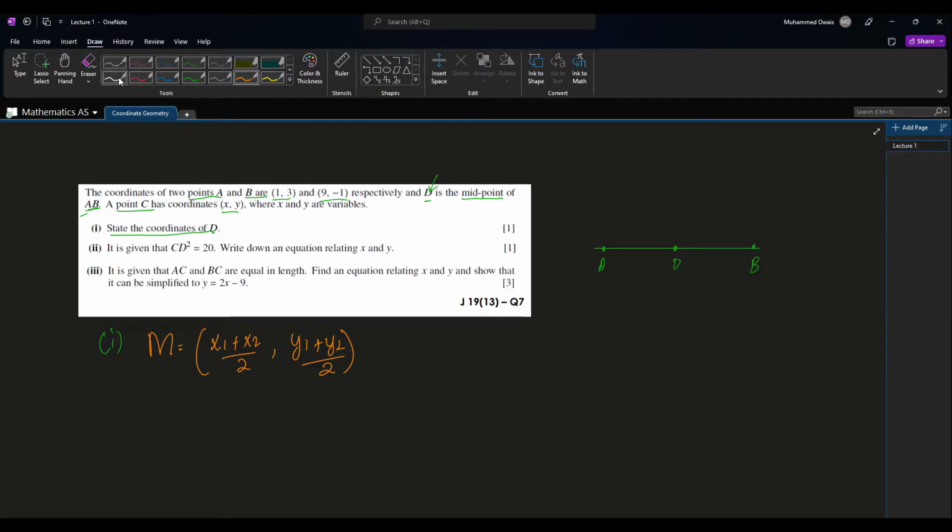Now then, let's say that 1, 3 is x1, y1, and 9, minus 1 is x2, y2.